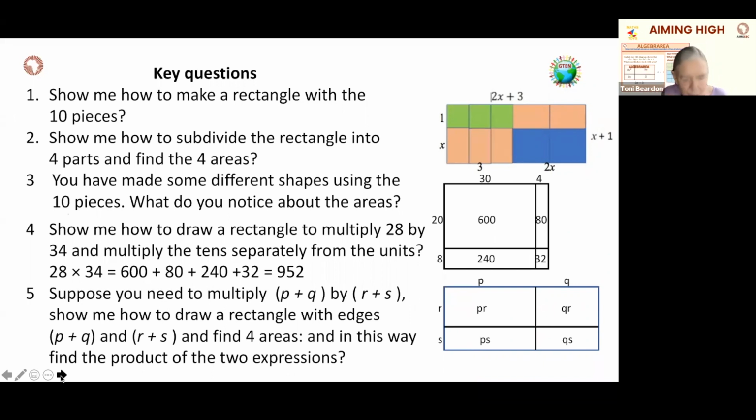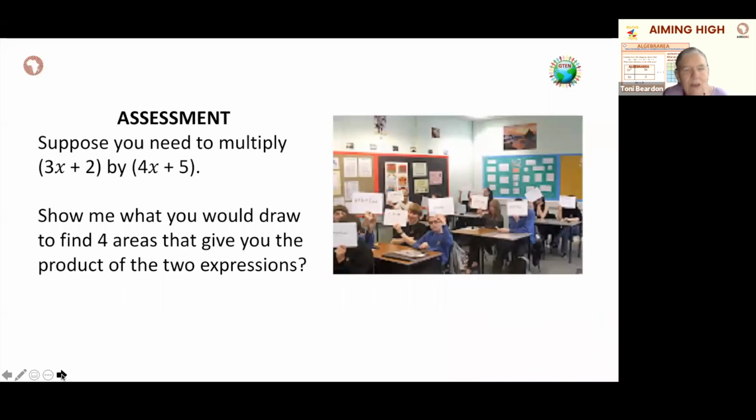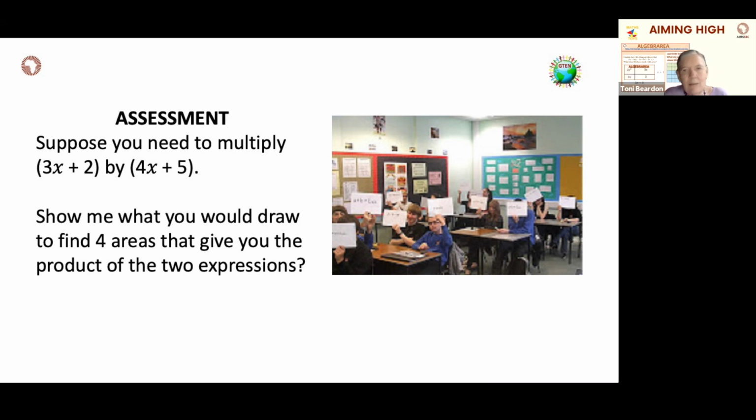And so we're now going to move on to think about these showboards that we've mentioned several times. And we're showing this picture of the children holding up their showboards with an answer on them.